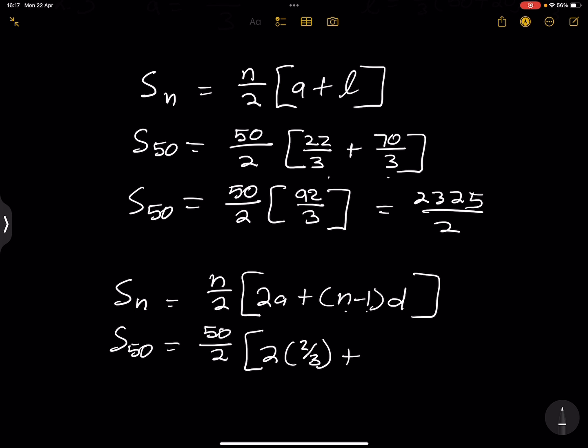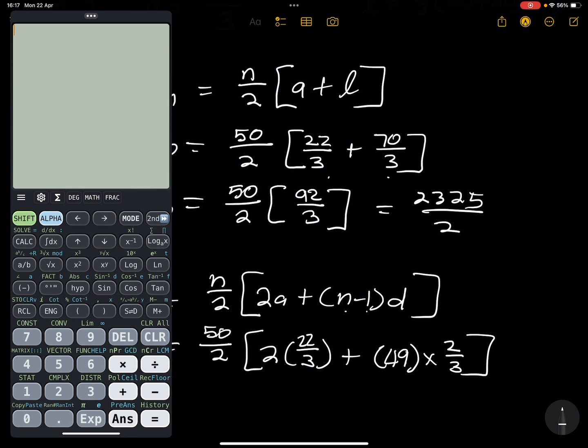So remember, I have 50 minus 1, which is 49, times d. My a value rather was 22 over 3, and d is 2 over 3. All right, so let's see if we get the same answer.